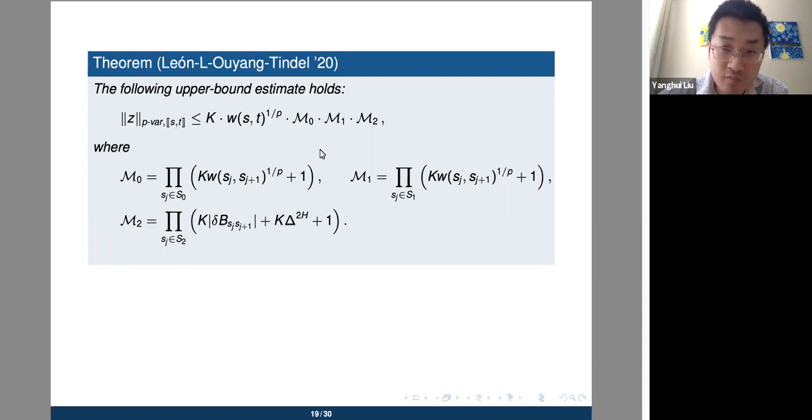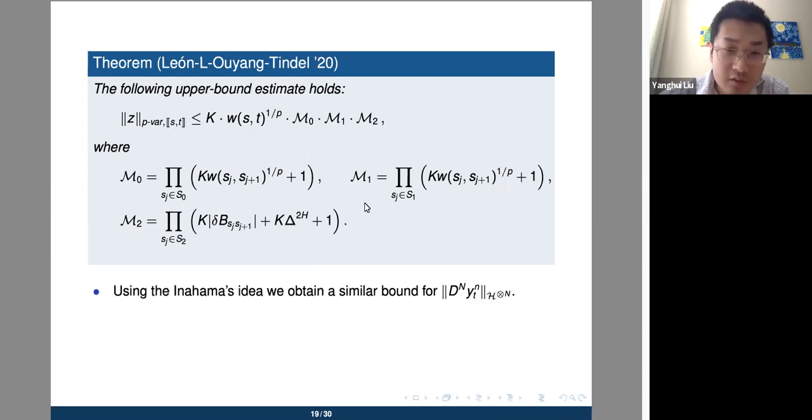So that's why we have three quantities here. This is our upper bound, and we can use the Enhamas idea in order to get a similar bound for the Malliavin derivative in the H norm.